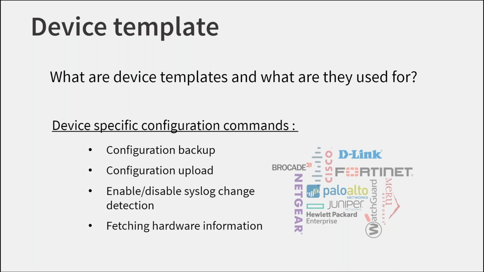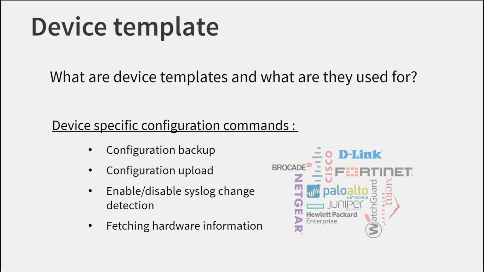So why is this important? The configuration command for a backup operation of a Brocade router will be different from that of a Cisco router. So all these commands are unique for different devices and different vendors. So it becomes a daunting task for the network admin to remember the commands of all these different devices and vendors. So device templates make it easier by saving all those commands with NCM.